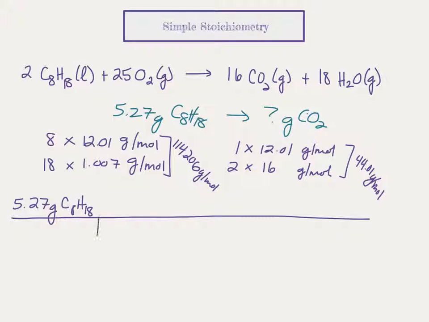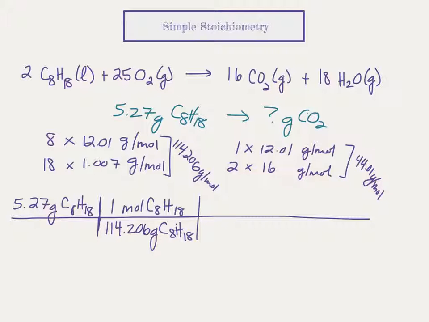So I will divide by our molar mass, 114.206 grams of C8H18 per mole. Please notice how I'm taking the time to write out the chemical formula. This will save you a lot of confusion later.